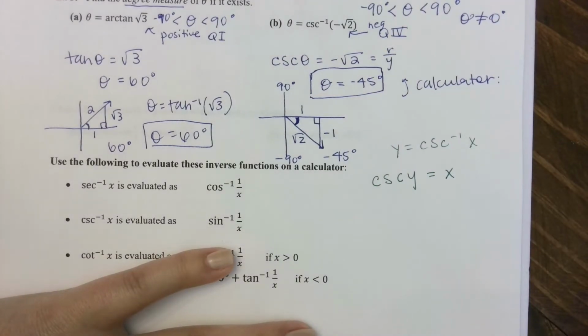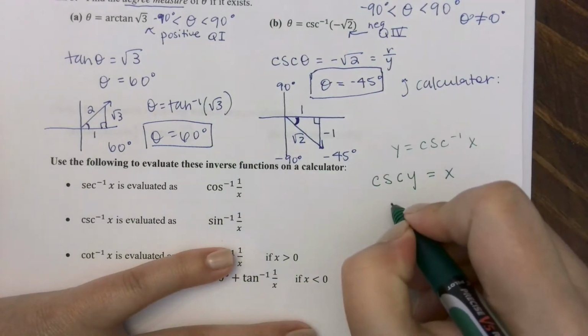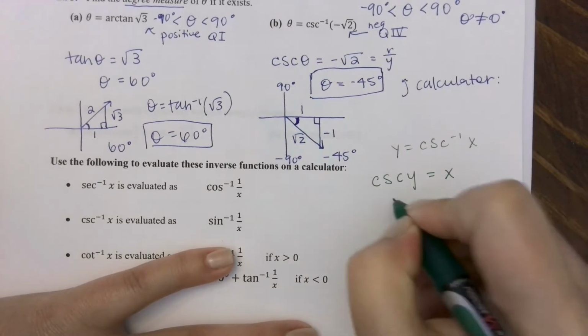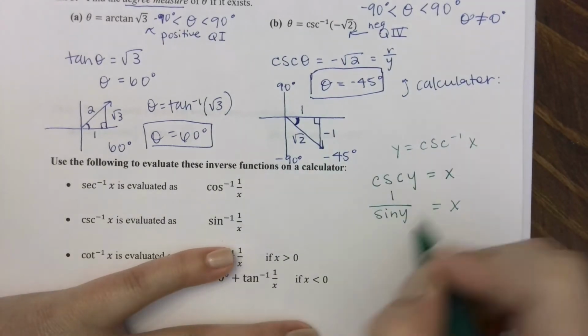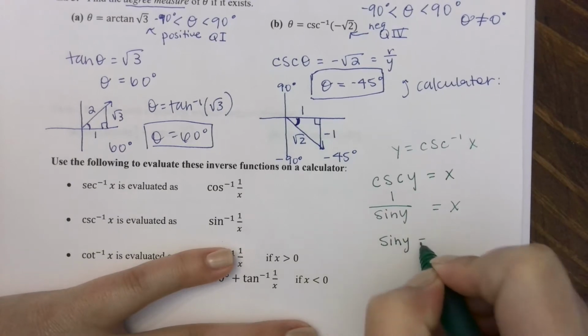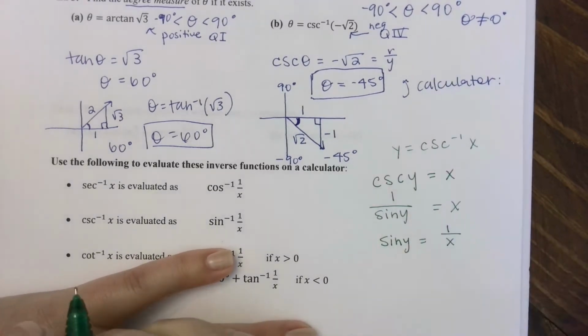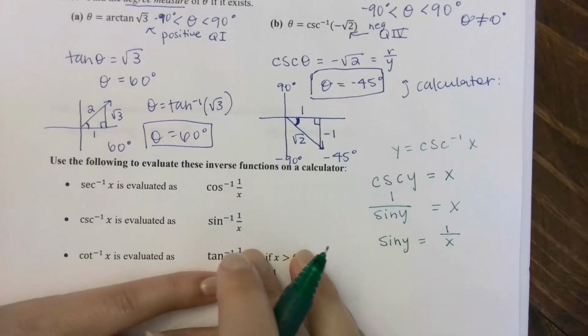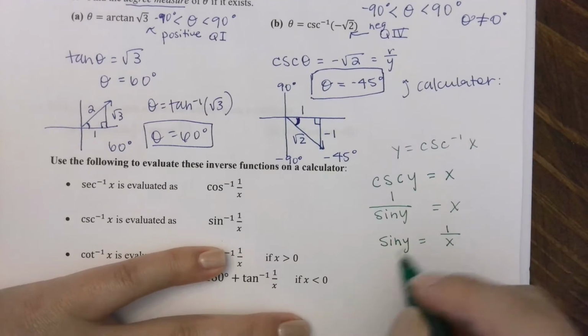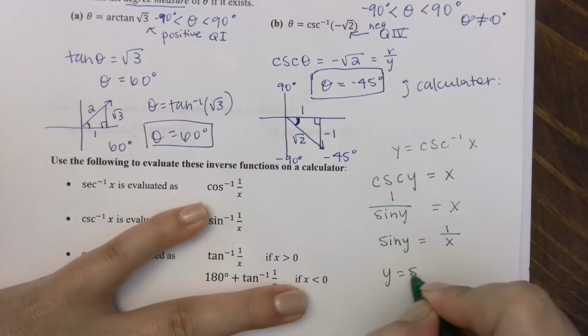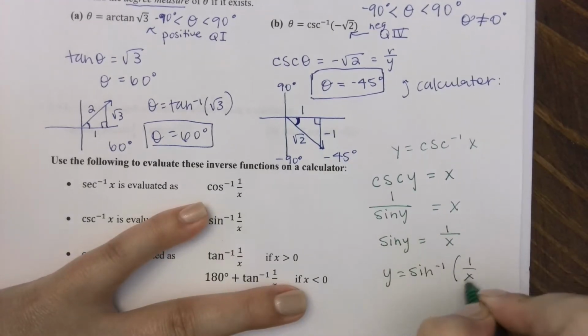Using the reciprocal identities, x is equal to 1 over sine y. To get sine by itself, sine y equals 1 over x. Then we want to get y by itself, so we take sine inverse of both sides. So we have y equals sine inverse of 1 over x.